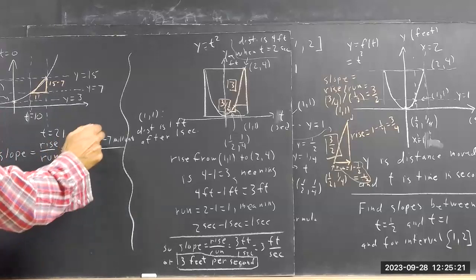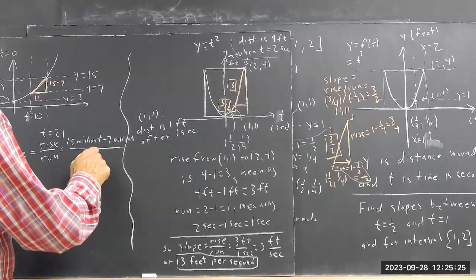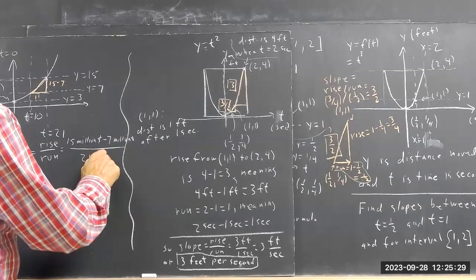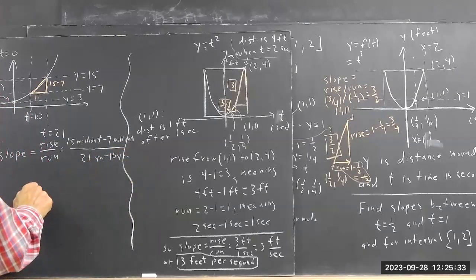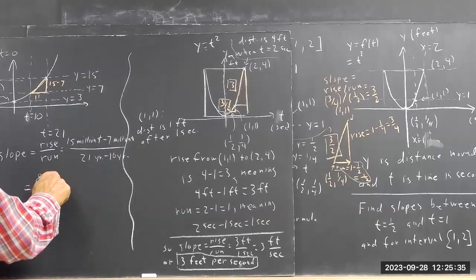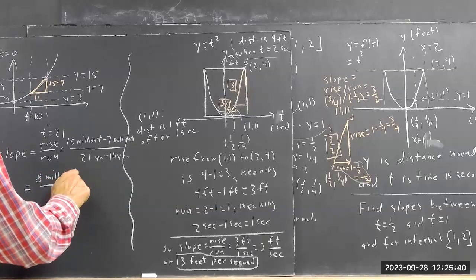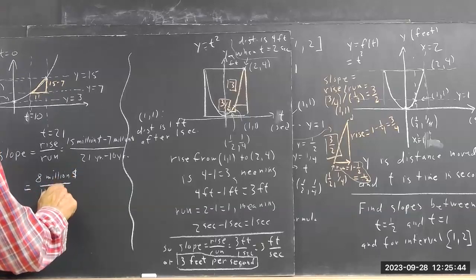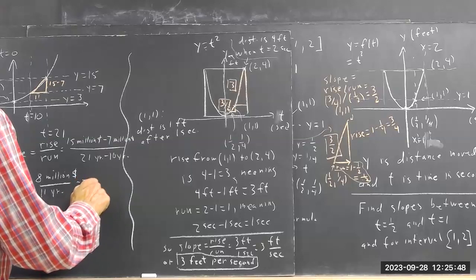is, write $1 million, a million with a dollar sign, so we'll have to read. The run is 21 years minus 10 years. That comes out $8 million over 11 years, which is approximately 7.3.